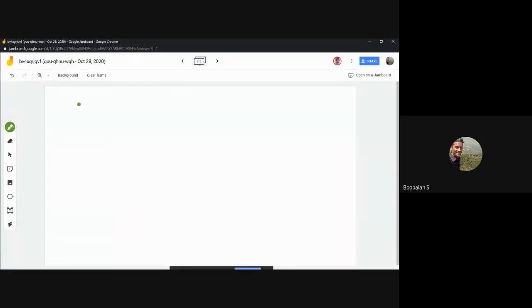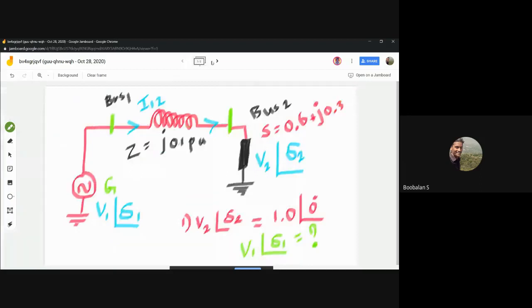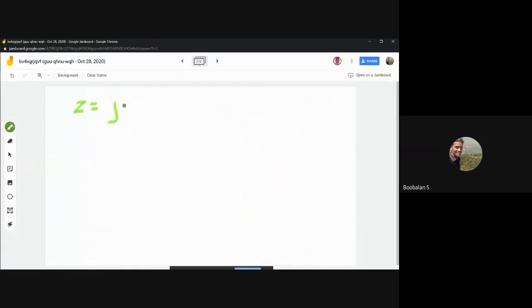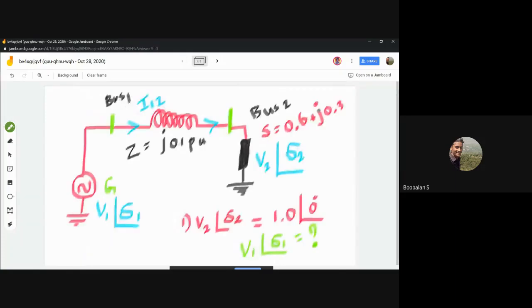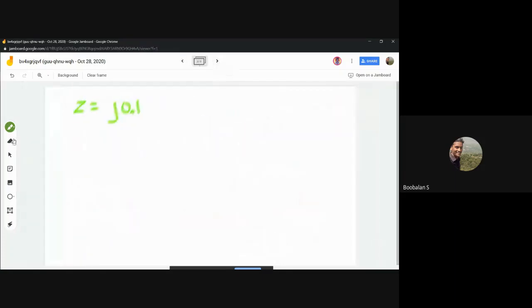We already know the Z value, j0.1 per unit, and S, the load value they have given, 0.6 plus j0.3. I'm going to use a different color. So the S value is 0.6 plus 0.3j.